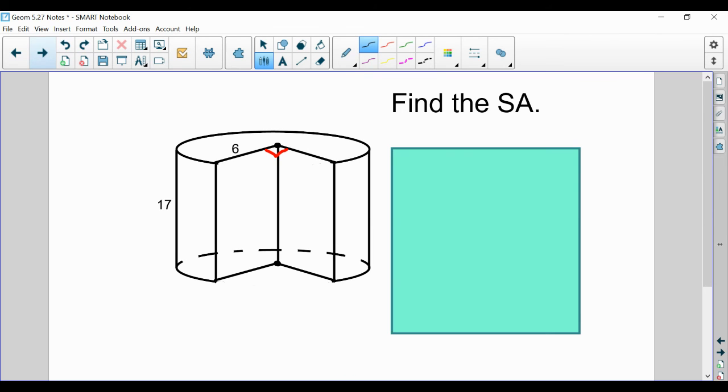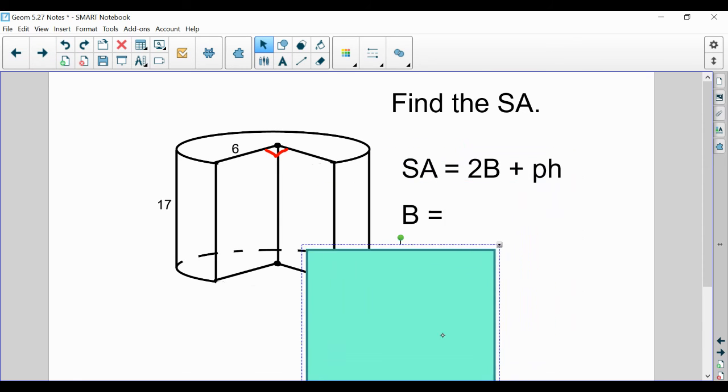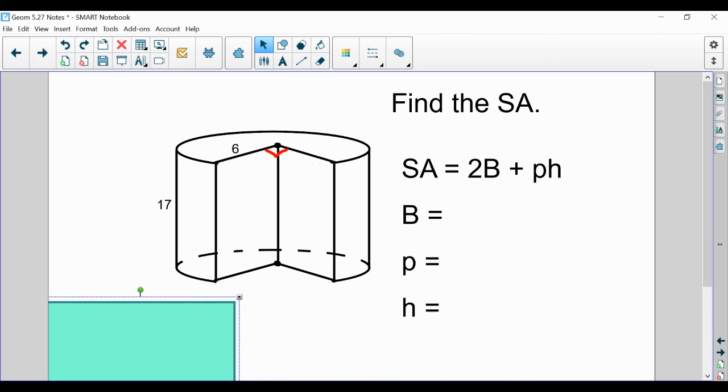Okay, the last question we're going to do today is finding the surface area of this shape here. This looks like a piece of a cylinder that's been cut out, or maybe if you imagine a giant cake and someone removed a giant slice of cake. But really, the way to think about this is it's a prism. I have 2 parallel congruent bases.